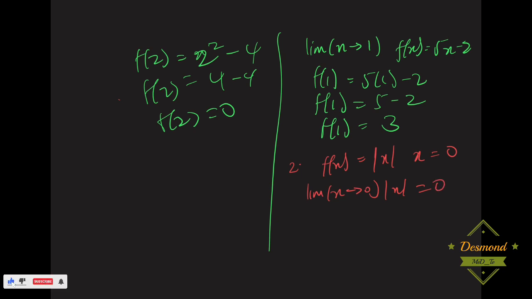Now we have to check if it is defined. So we have f of 0, then absolute value of 0, which is 0. Therefore both sides are equal to 0, so the function is continuous at x equal to 0.